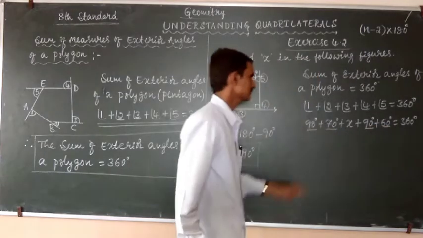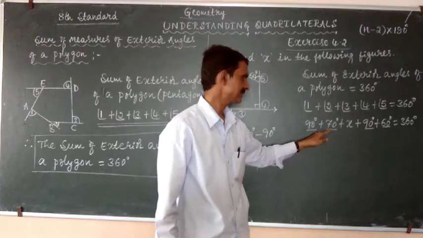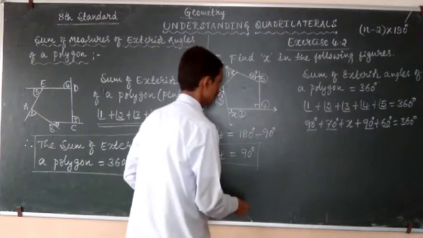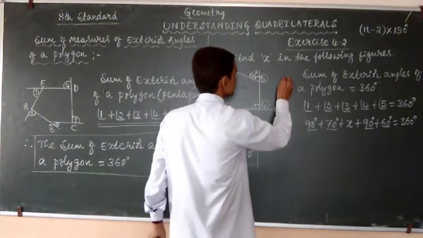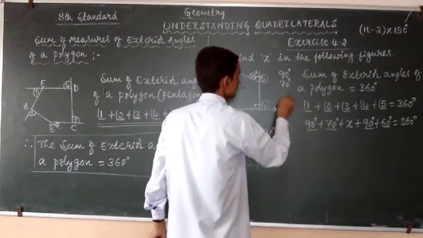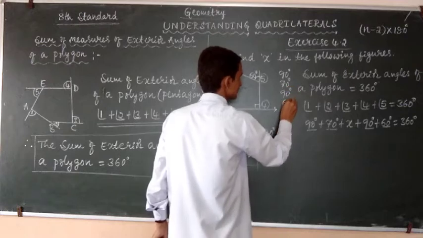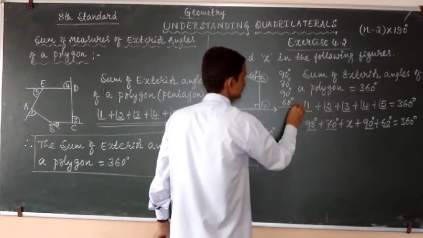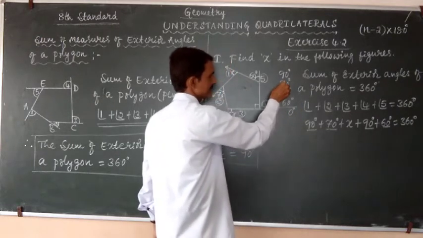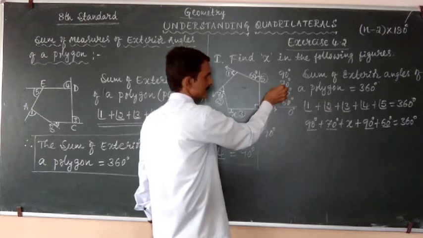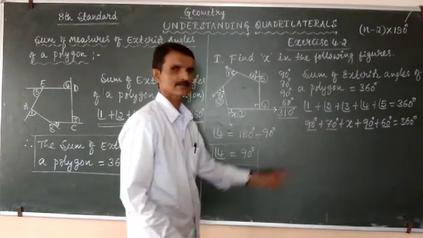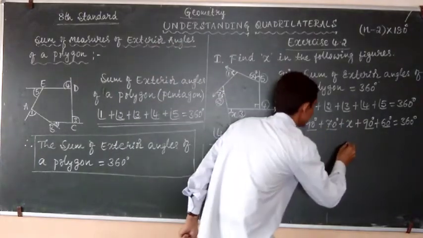Now add these angles. 90 degrees plus 70 degrees is 160 degrees. Then 160 plus 90, and 60. Adding 90, 70, 90, 60: 0, 6 plus 9 is 15, 15 plus 7 is 22, 22 plus 9 is 31. The sum of these angles is 310.